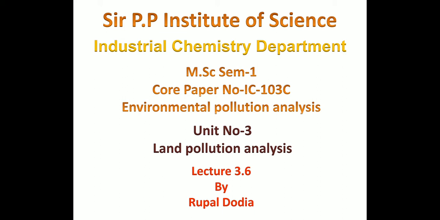There are mainly 5 components of a soil composition, or you can say mainly 4 components. The first one is mineral matter, second is air, third is water, and fourth is organic material.